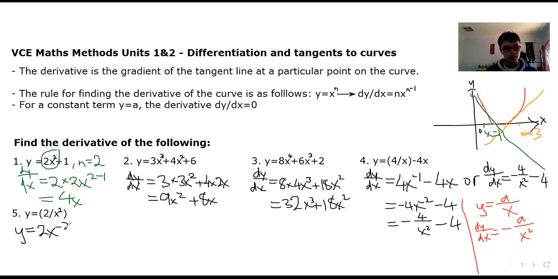Right, and then we have dy dx equals negative 4x to the power of negative 3, and that's just going to equal minus 4 over x to the 3.